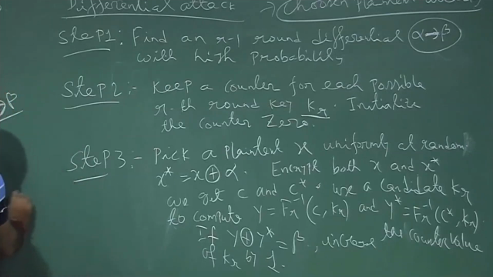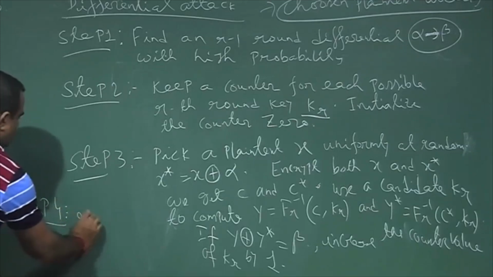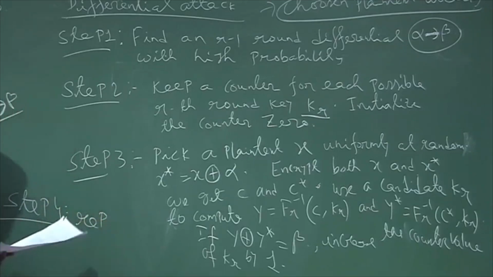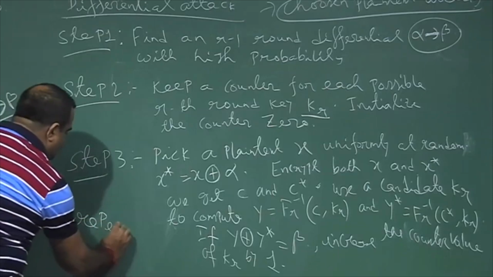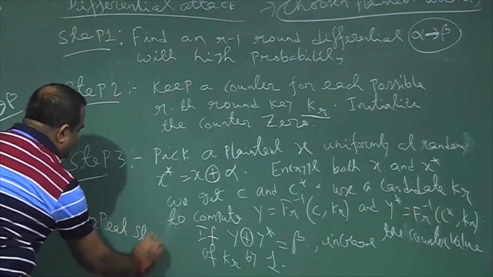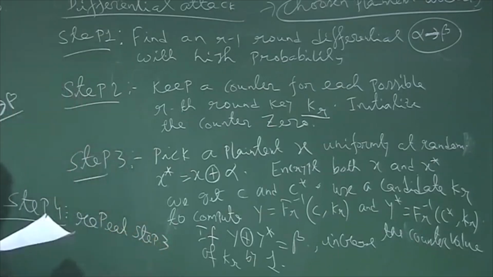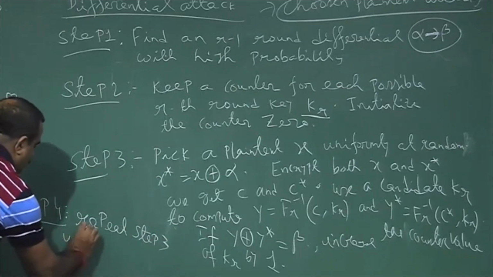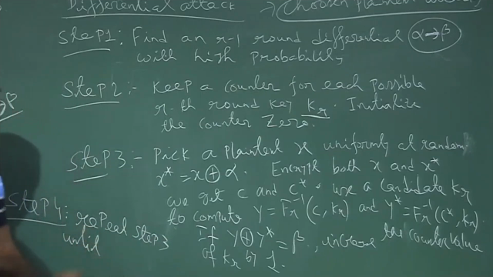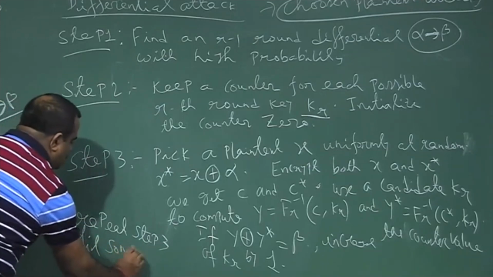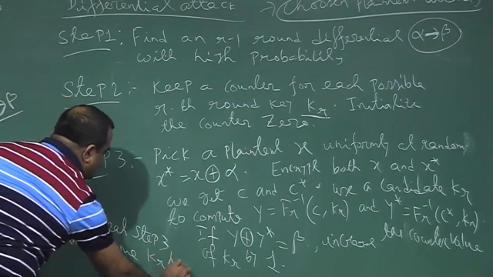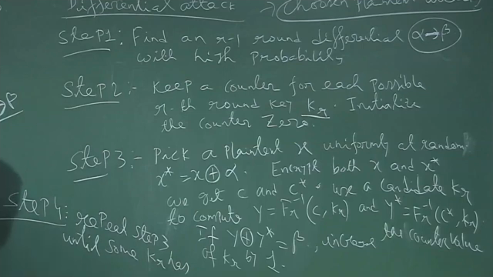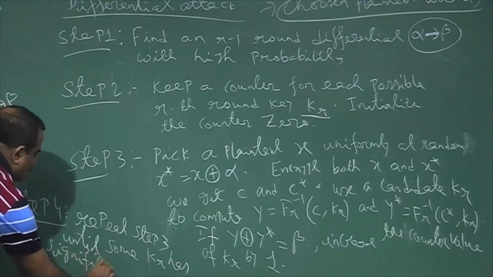This is step 4: we repeat step 3 many times until some K_R has a significant counter value.